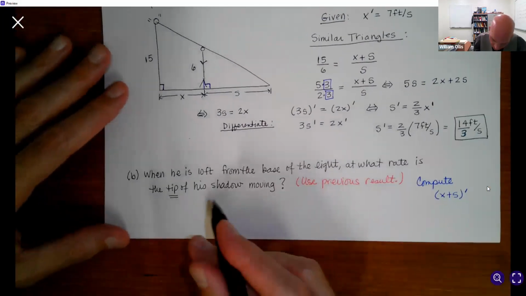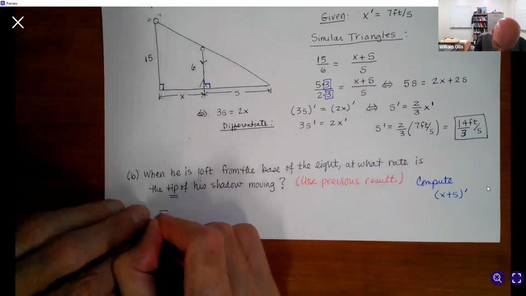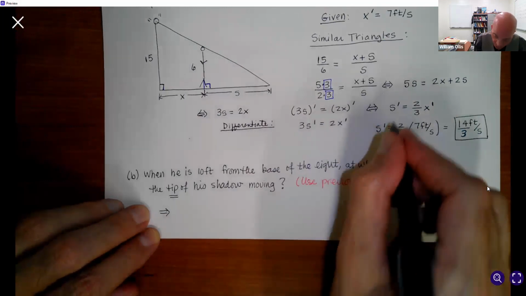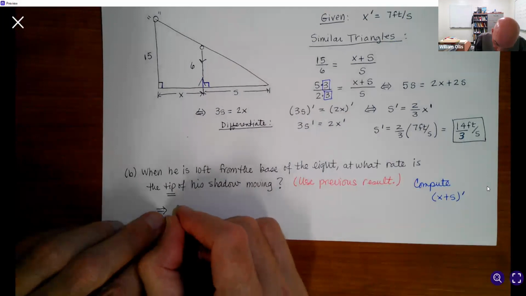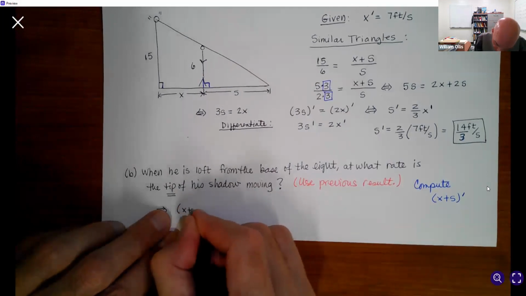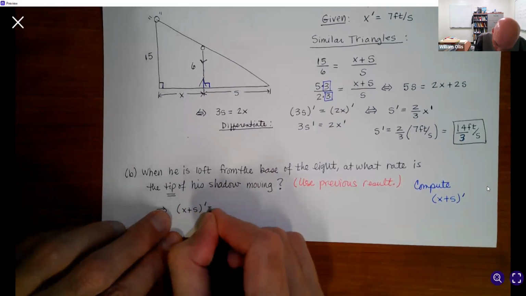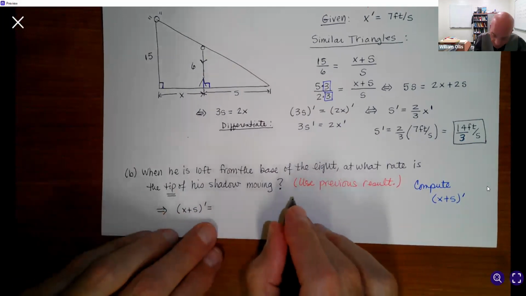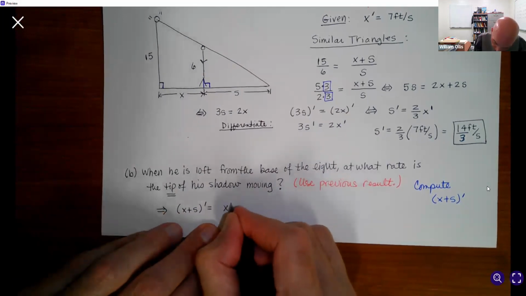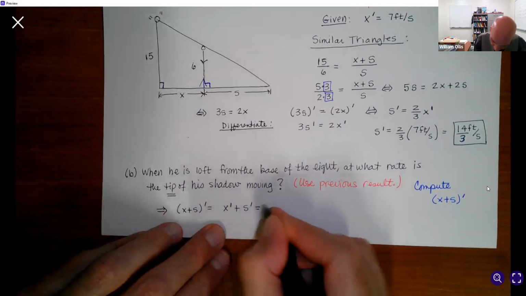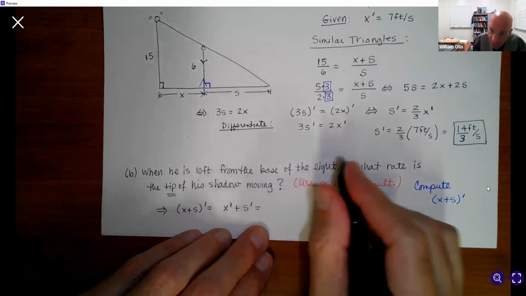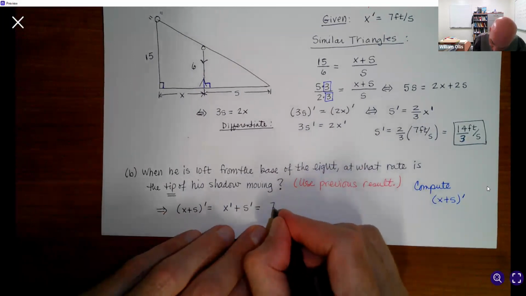So this is very simple. Once we do this, we've done the hard part, which you see is not very difficult. So x plus s prime by linearity is just x prime plus s prime. And so we just fill everything in. x prime we know is 7 feet per second.